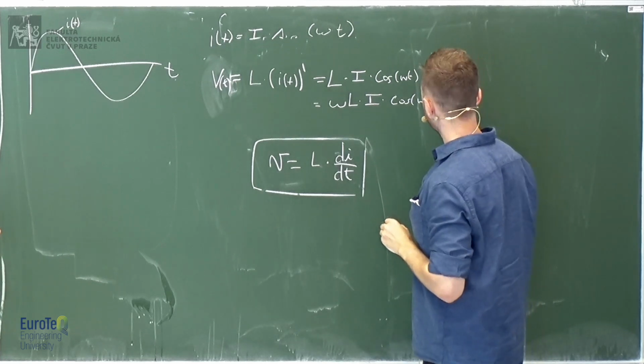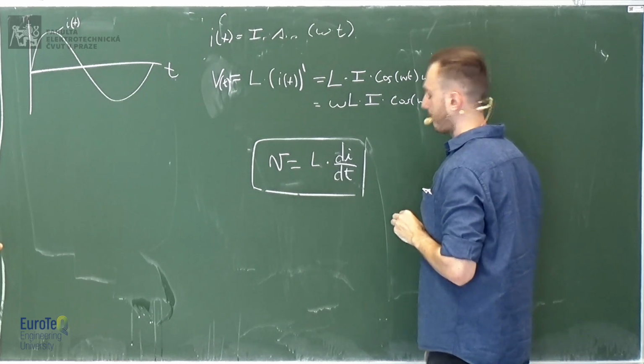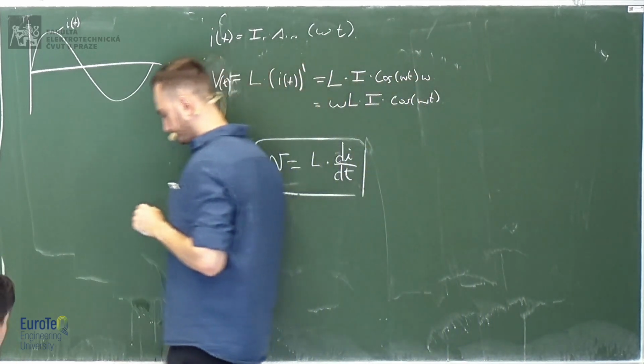Now you have a cosine. So now the voltage is cosine.